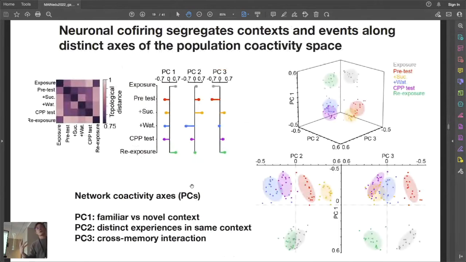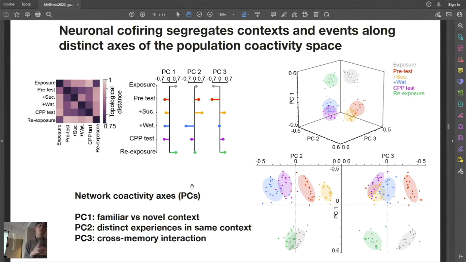And now I show you what we see when we consider all of the recordings that we had from different mice together. It's interesting because when we apply this PCA on these distance matrices, we find one main axis, which differentiates the familiar and novel context of the environment itself.